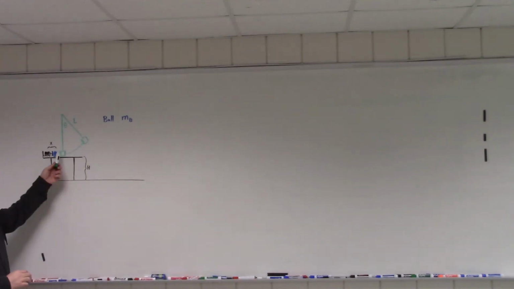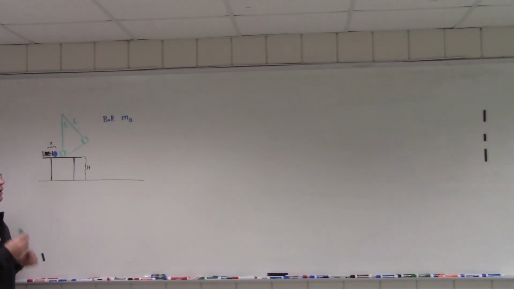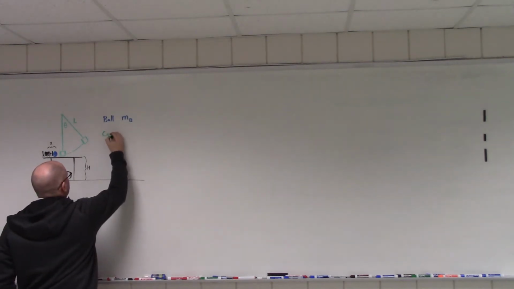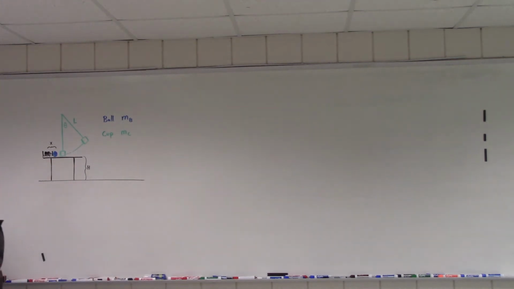We know it's getting shot into this cup. We're going to ignore the boom arm. We're going to say its mass is small. We're going to need the mass of the cup. We're going to use MC for the mass of the cup.